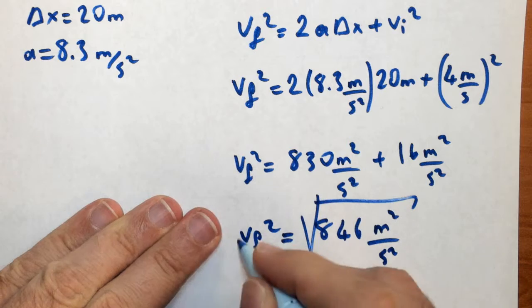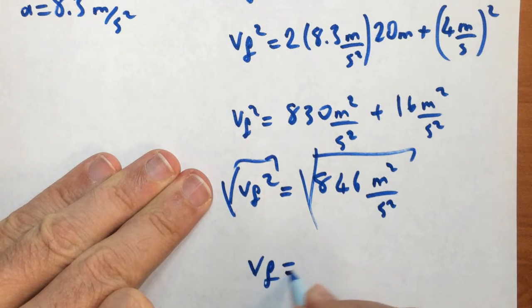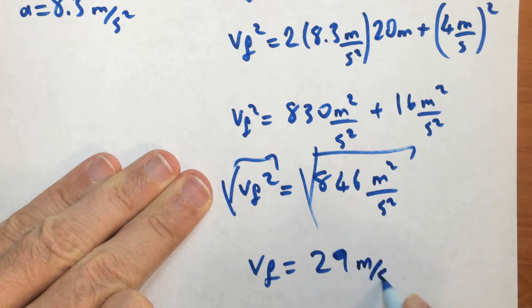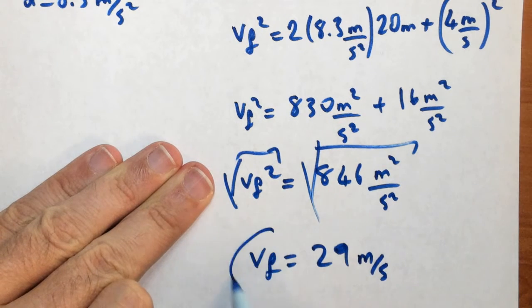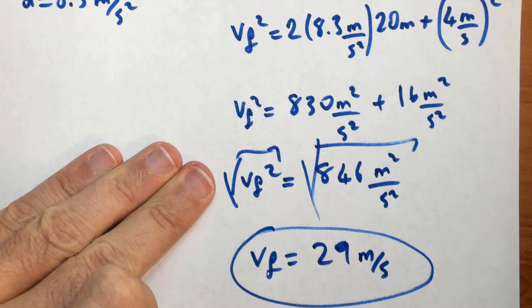Let's take the square root of both sides. Then we have v final equals 29 meters per second. So after 20 meters, that's going to be the final velocity.